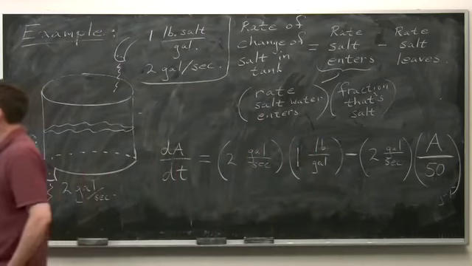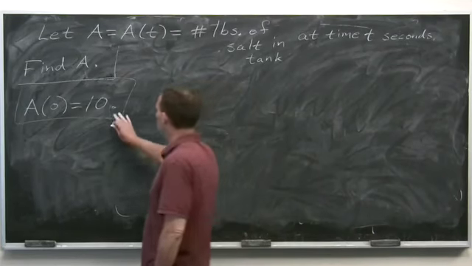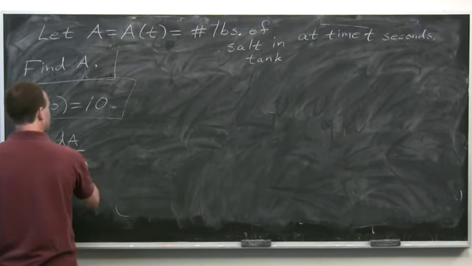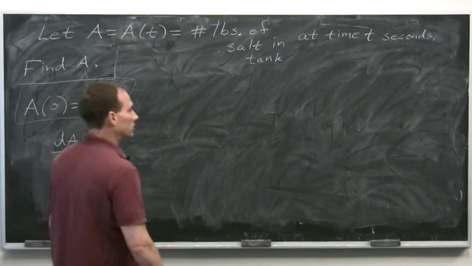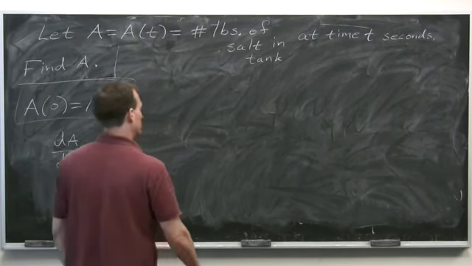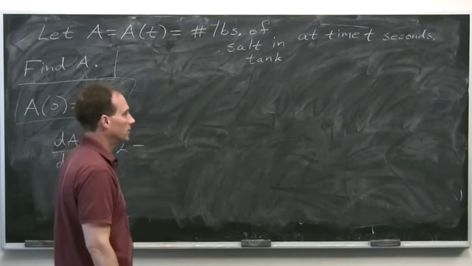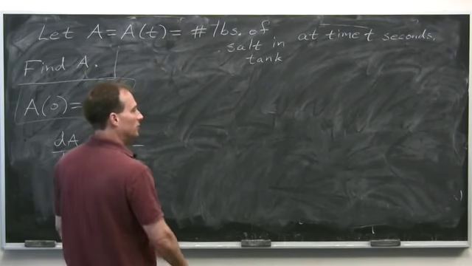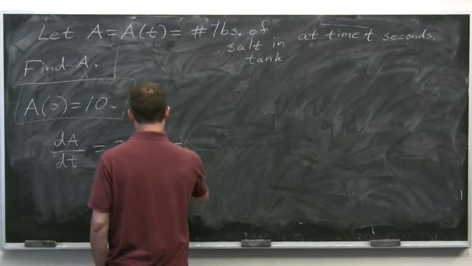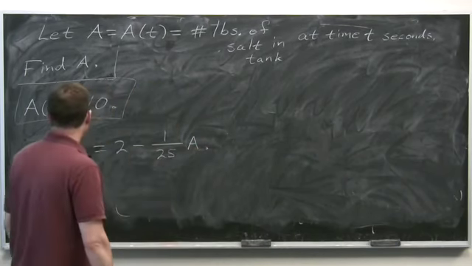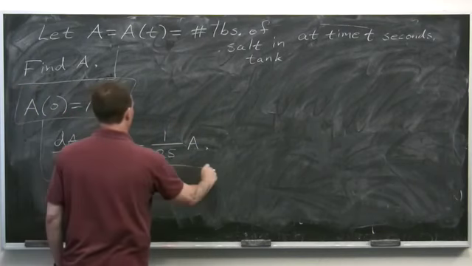So this means that we get this initial condition and the differential equation dA/dt equals 2 minus 2/50, so minus 1/25, A. And so we get this initial value problem.